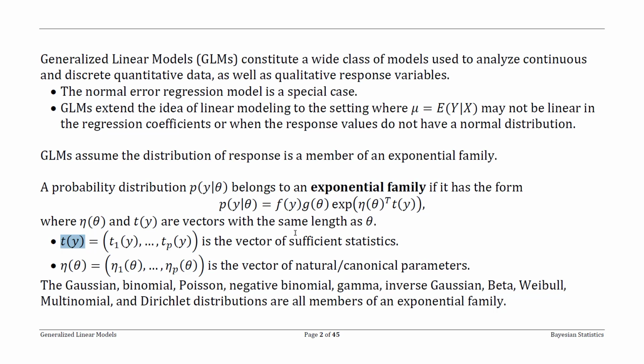And many of the common distributions that we work with are members of an exponential family. So the Gaussian or normal distribution, the binomial distribution, the Poisson distribution, negative binomial, gamma, inverse Gaussian, probably the inverse gamma, beta, Weibull, multinomial, and Dirichlet distributions. All of those are members of an exponential family.